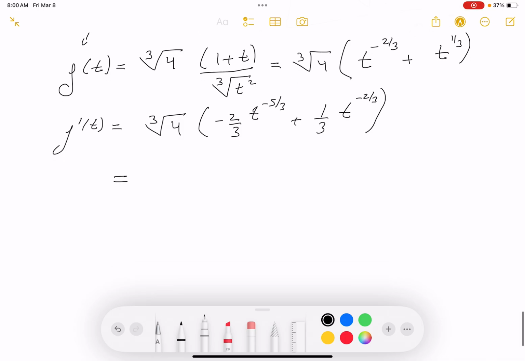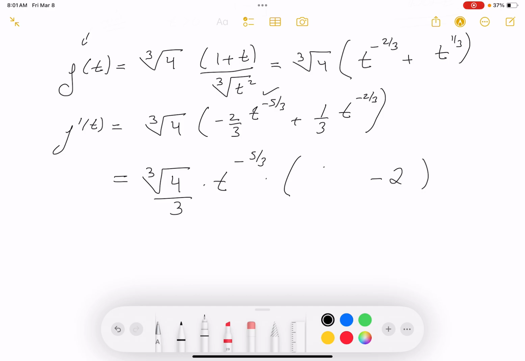Well, I do need to analyze that. And that's going to be the cube root of 4. I'm going to factor out a 3. I'm going to factor out t to the minus 5/3. Again, these are preferences. You may not share those preferences. And you're going to get, let's see, minus 2. That's from this term over here. On the other guy, I'm going to get what?